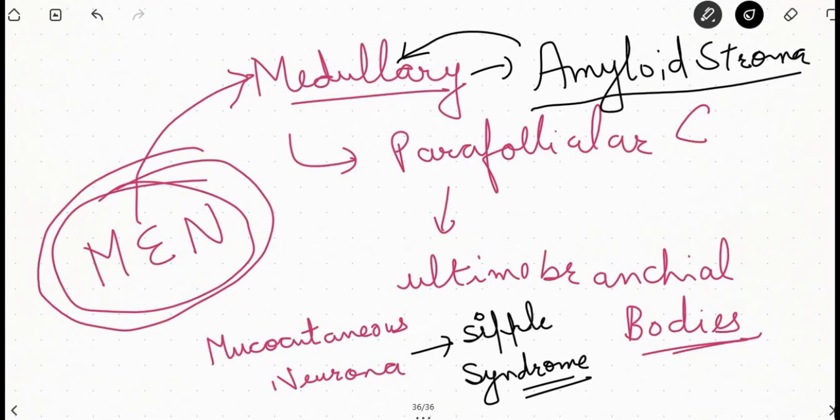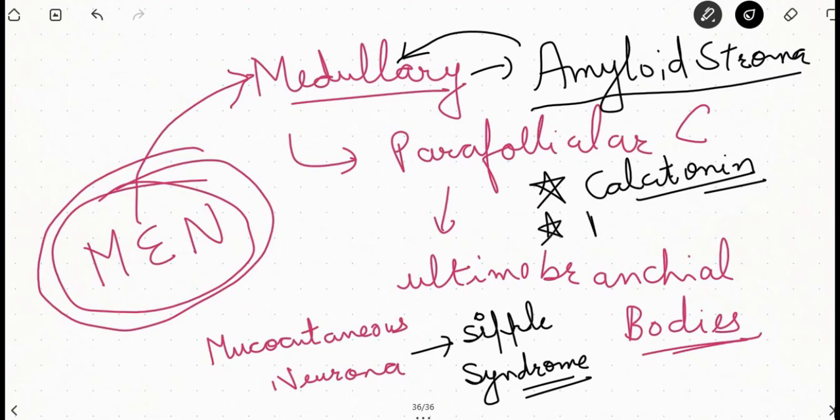So remember for your exam, calcitonin hormone is produced by medullary carcinoma of thyroid. Prostaglandin and serotonin, they are also produced.